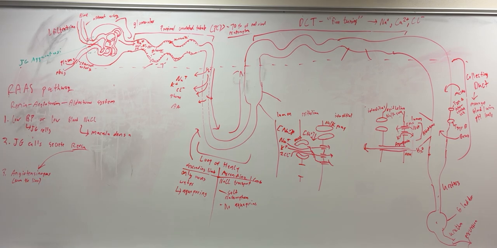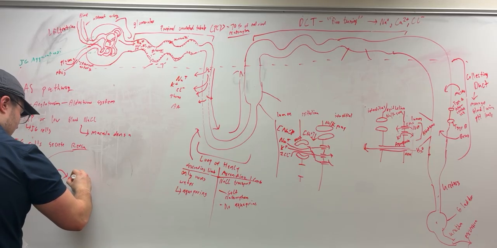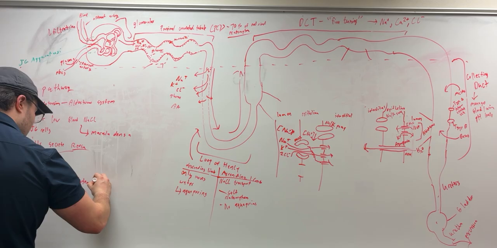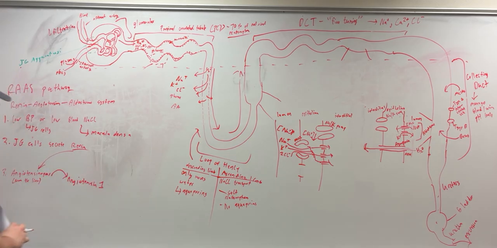So in our bloodstream, the renin is going to find these angiotensinogens and it's going to convert them into the second hormone, angiotensin 1. So renin secreted by the JG cells is going to go find angiotensinogens and convert them to angiotensin 1, which is then going to get converted into angiotensin 2 by an enzyme called ACE.